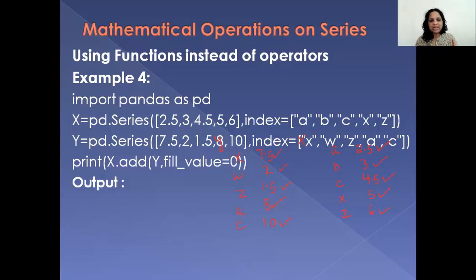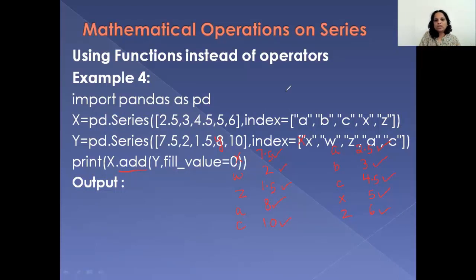To understand that, my X and Y series happen to be the same. Look at the function that I'm making use of. I'm using a function named add. So it's X dot add, and what are we adding to X?